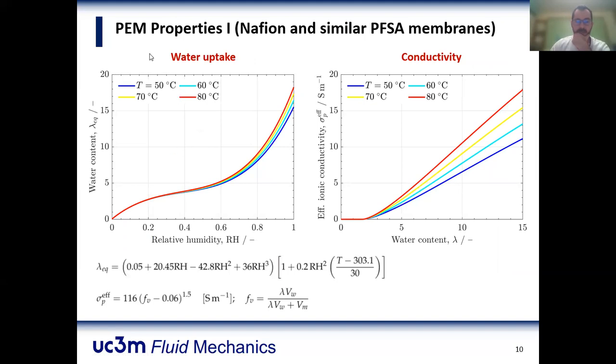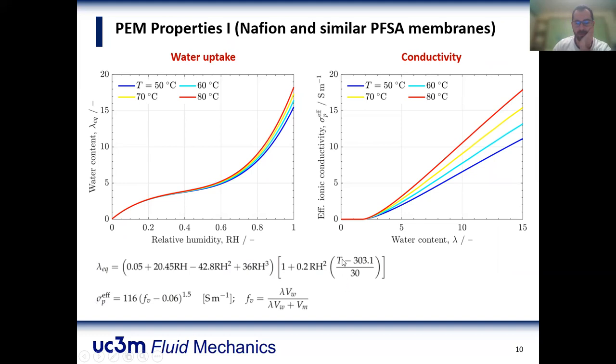Okay, so in terms of PEM properties, we consider those of Nafion and similar perfluorinated membranes. Here we have, for example, the equilibrium water content, the isotherm, as a function of the relative humidity, with this dependency on the temperature.